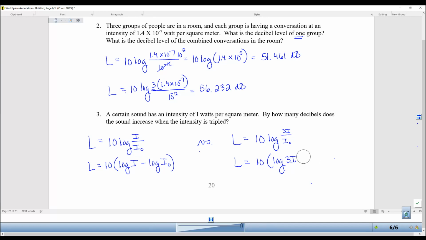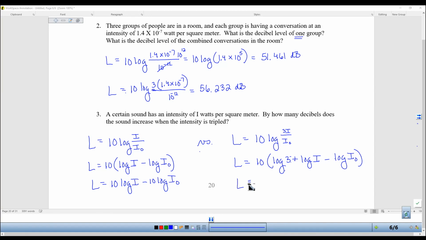Actually, I think I can go ahead and skip this step, right? You guys know it. Plus log of I minus log of I sub 0, right? Both things are being multiplied, and then the one that's being divided is subtracted. And now we have 10 log I minus 10 log I sub 0 as my final answer for that one. And this one is 10 log 3 plus 10 log I minus 10 log I sub 0.